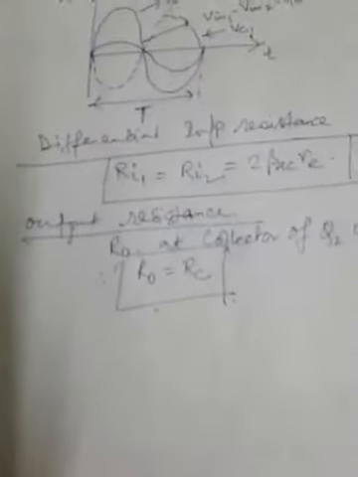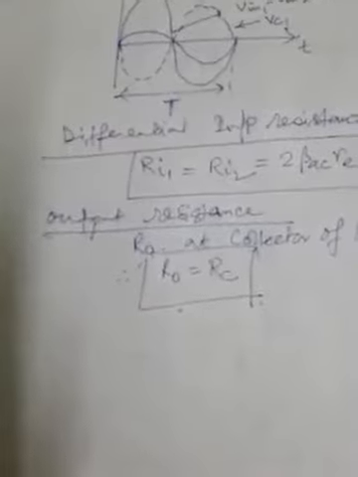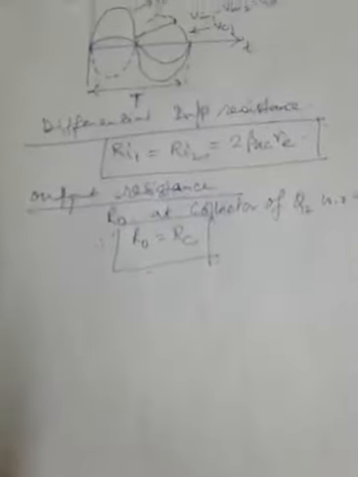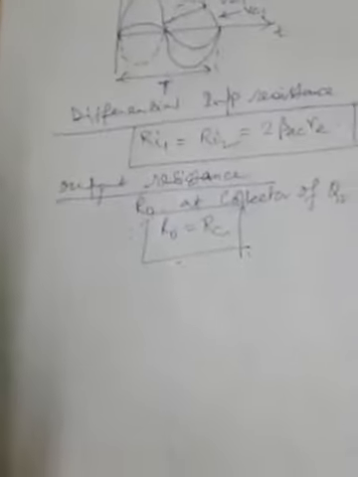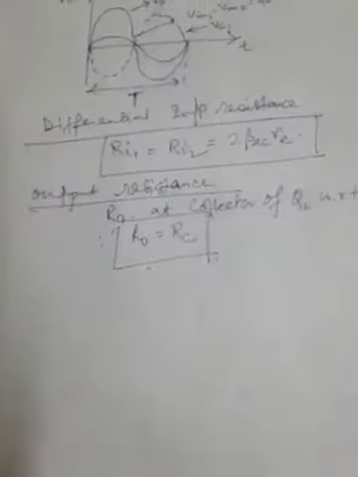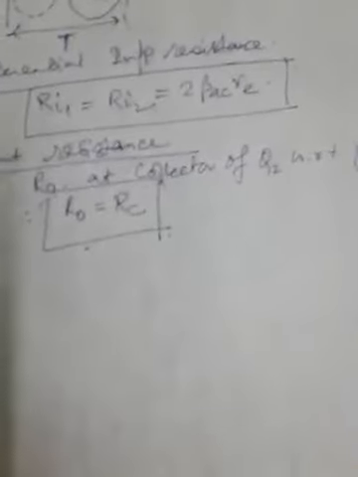Now for the remaining two configurations, single input balanced output and single input unbalanced output, the balanced and unbalanced concepts are the same as we have done for the dual input cases.